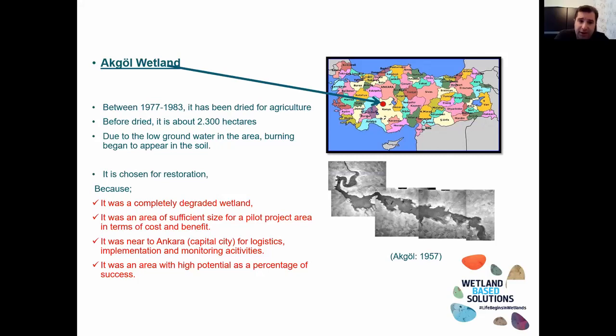It was an area of sufficient size for a pilot project in terms of cost and benefit. Also, it was near Ankara for logistics, implementation, and monitoring activities, because we had limited time and limited budget. Also, it was an area with a high potential percentage of success. So we chose that area for restoration.